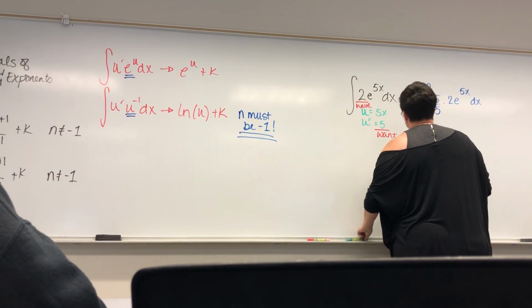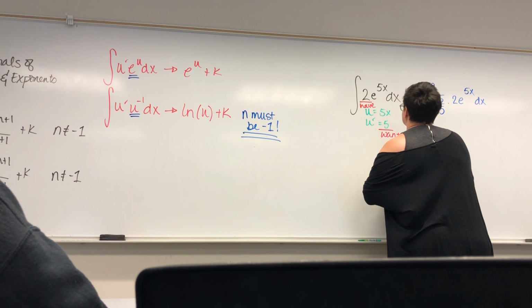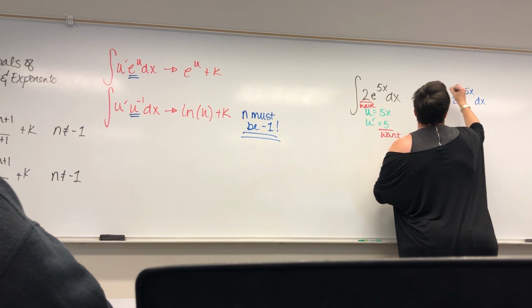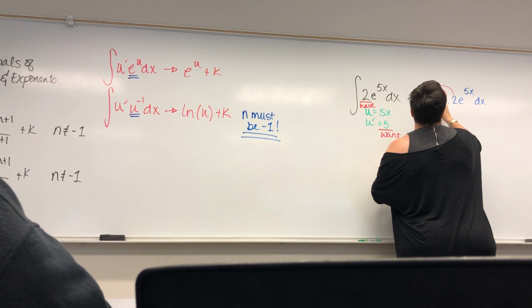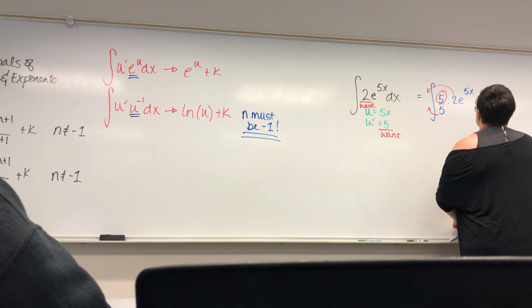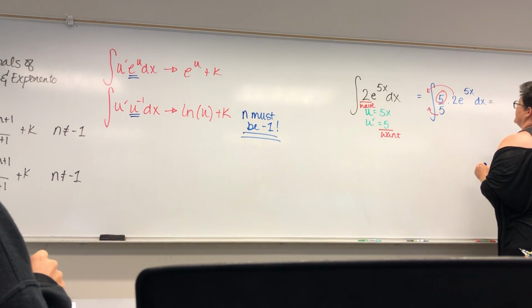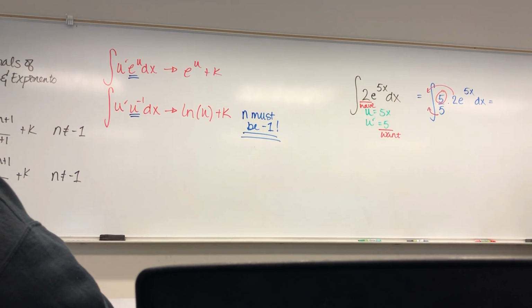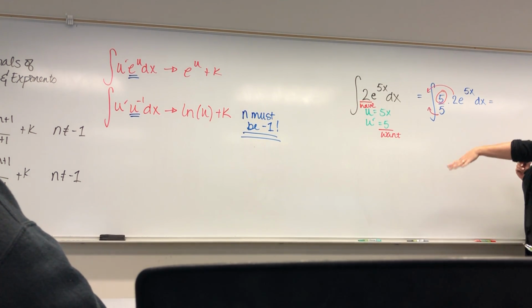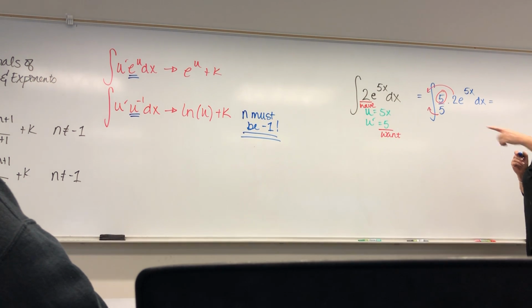Keep what I want. Take out what I don't. So I want the 5. I don't need that 2, and I don't need that 5. So I get this. You guys are going to figure this out real quick. We're just doing the same exact thing over and over again. The only thing that changes is the type of integral. But that stuff's just plug and chug, because once you've got u prime, you just fill in the blanks, right?